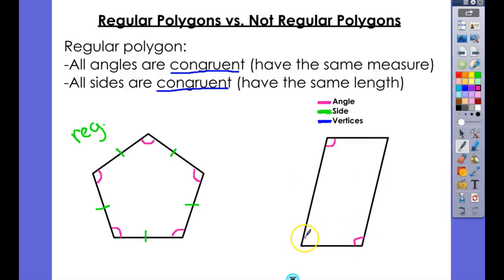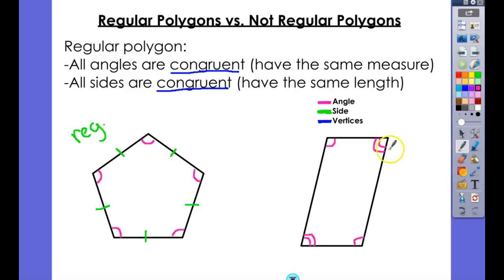The way we identify that it is different is we draw two of our little marks to show that these two match. This one matches this one, but they're not the same as these two right here. Sometimes a polygon might have up to three or four different angles shown in the shape.